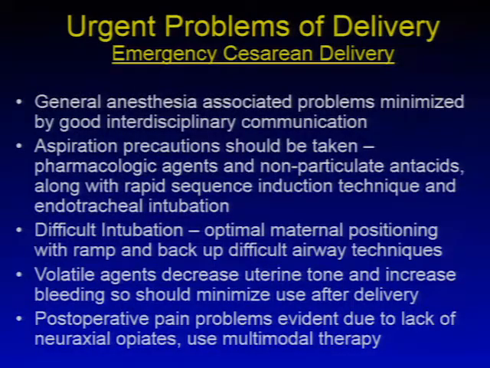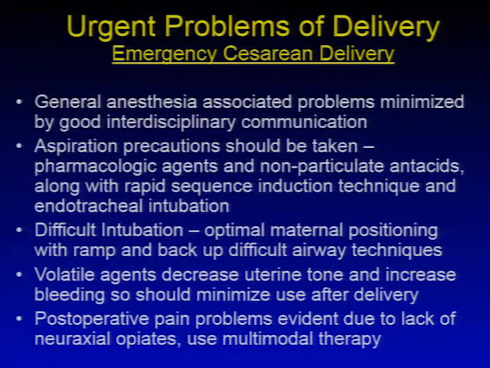However, with the institution of general anesthesia, the problems associated with general anesthesia can happen, such as difficult or failed intubation and aspiration. General anesthesia-associated problems are minimized by good interdisciplinary communication, and aspiration precautions should be taken in these women even in the stat C-sections, such as non-particulate antacids.